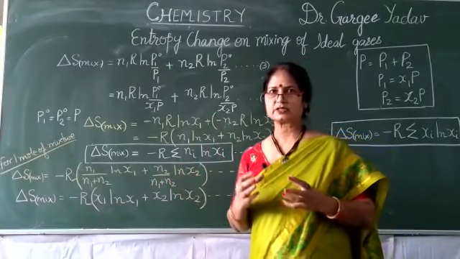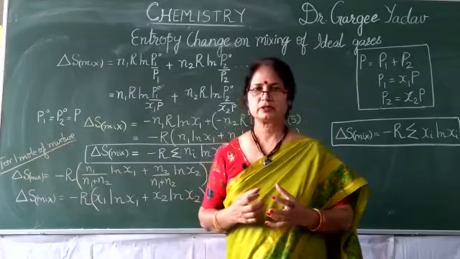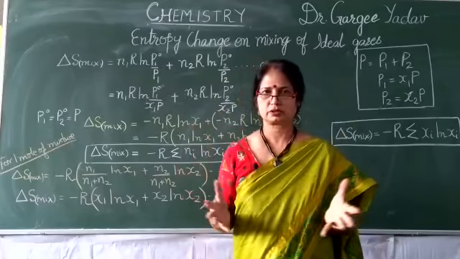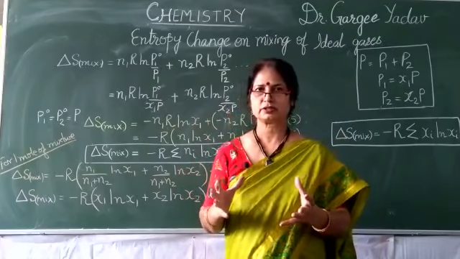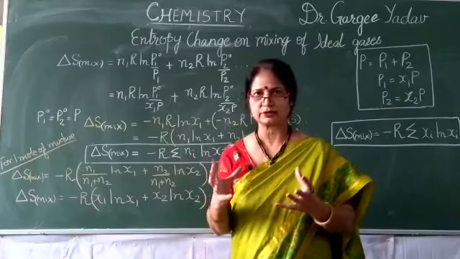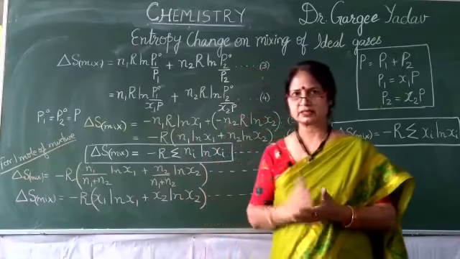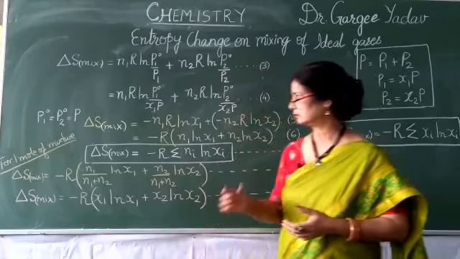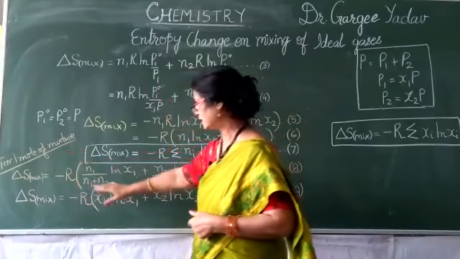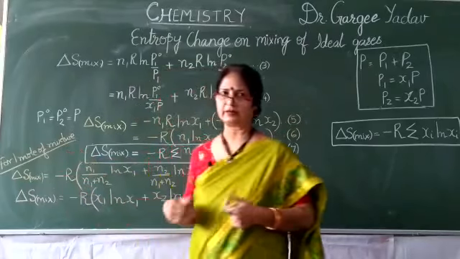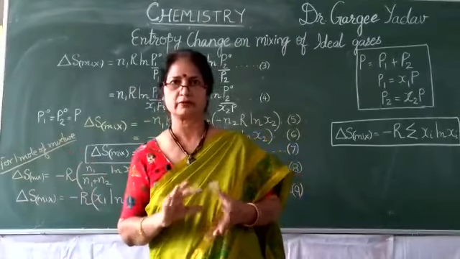Now let us take a special case in which the total moles of the mixture is 1. Means the total moles in that mixture is only 1, and the gases are present as fractions of it. So we have to divide by N1 plus N2, the total number of moles.